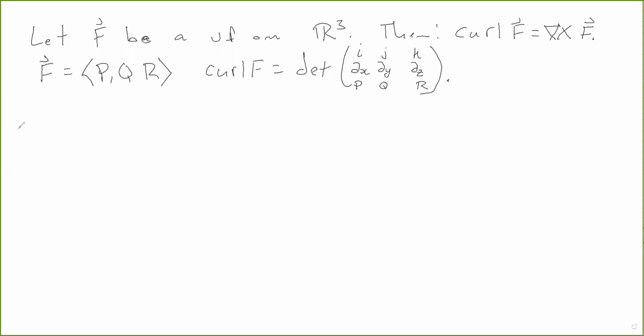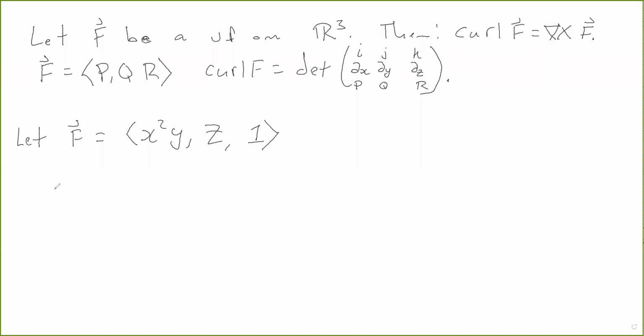Okay, and so we're going to look at an example. So let's say that we have some vector field. It's equal to x squared y. The second component can be z. And the third component we'll just say is equal to 1.